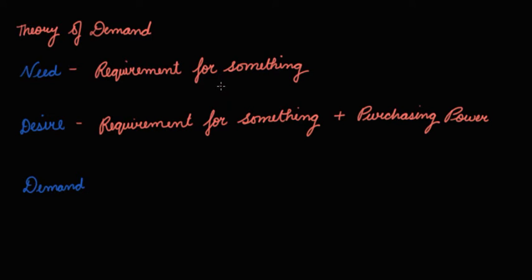If that dress is in your budget, that is your purchasing power. If that dress costs only rupees 500 in the shopping mall, you will not think of it and you will immediately buy it. So that is, what does your pocket allow? Do you have enough money in your pocket to buy that dress? That becomes your desire when you have the purchasing power.